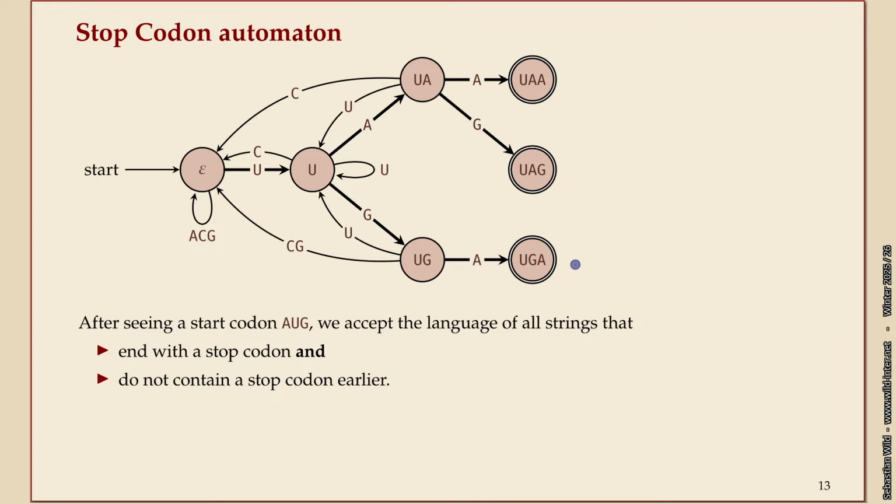It's the same, just replace T and U whenever you see them. So we've just seen the start codon. Now we keep reading letters until for the very first time we see one of the stop codons, and then we stop. That's a language in the formal language sense of all strings that end with a stop codon and do not contain a stop codon anywhere before that.